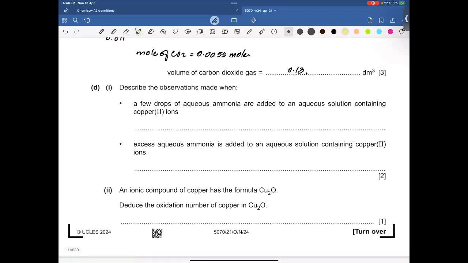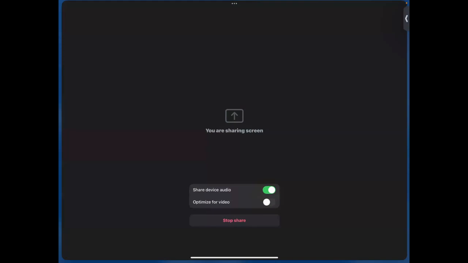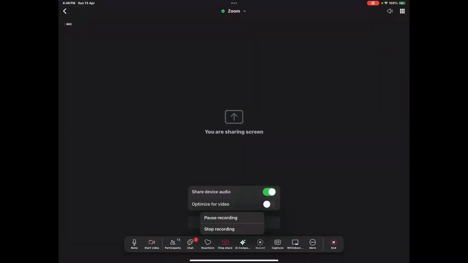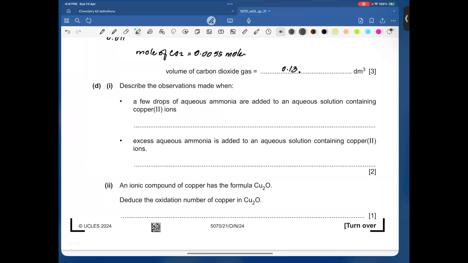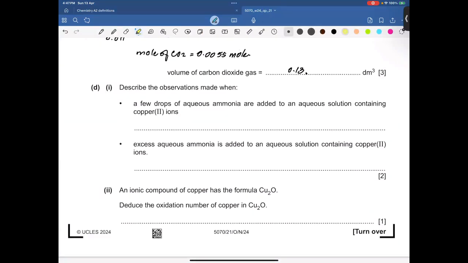Next, describe the observation made when a few drops of aqueous ammonia are added to an aqueous solution containing copper 2 ions. When we have copper 2 ions and we add a few drops of ammonia, blue precipitates are formed.